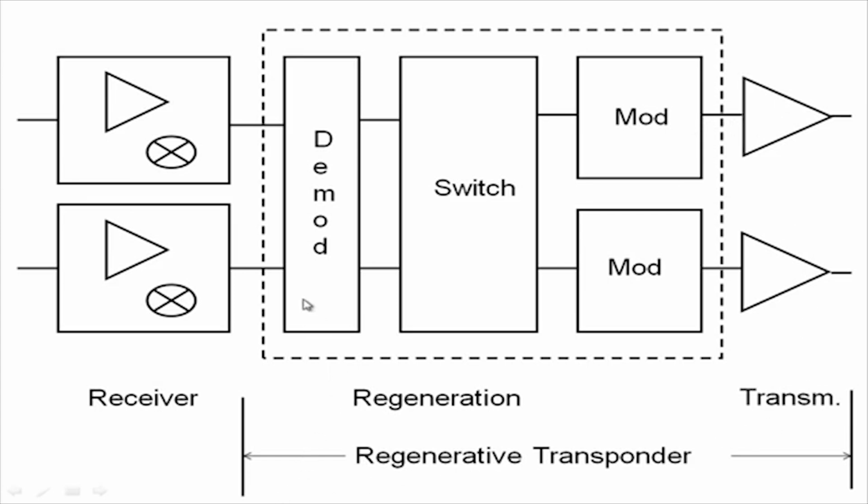So, this part after the receiver is called the regenerative transponder, which includes the bent pipe transponder, that is the OMUX, DMUX and the amplifier, and also the demodulation, remodulation along with the switch, which is regeneration, both together. It is called a regenerative transponder.